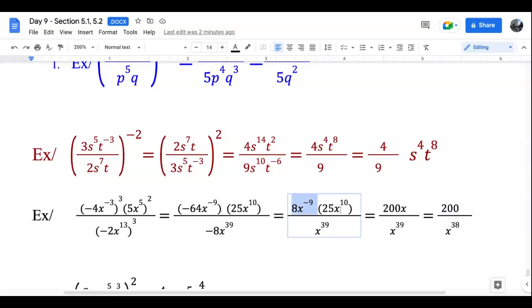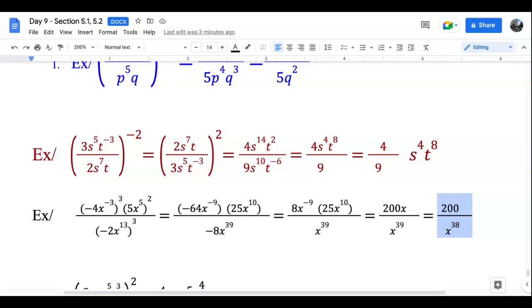X raised by -9 times x raised by 10, add the exponents, that's just x. For denominator, we have left with x raised by 39. Right, so then x simplifies one of the x in the denominator, so the answer is 200 divided by x raised by 38.